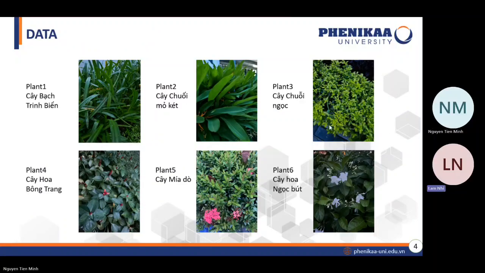The dataset used in this project was collected on our university campus, focusing on 6 common tree species present in the area. We aim to get about 100 images per species, resulting in a total dataset of approximately 600 images.